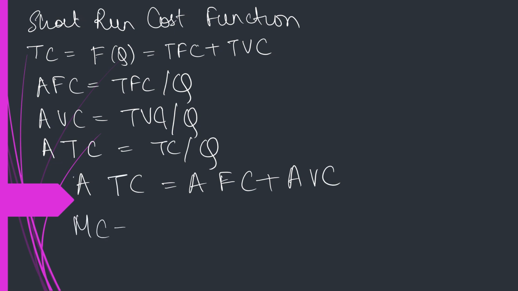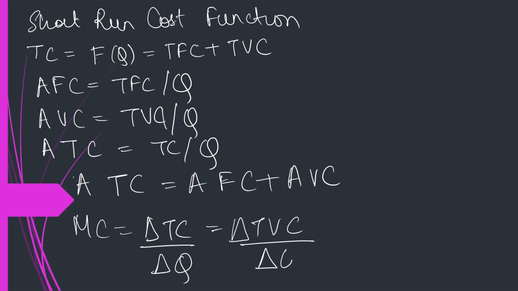Marginal cost, delta TC by delta Q, change in total cost due to unit change in output, is delta TVC upon delta Q, because fixed cost is fixed, it cannot be changed.